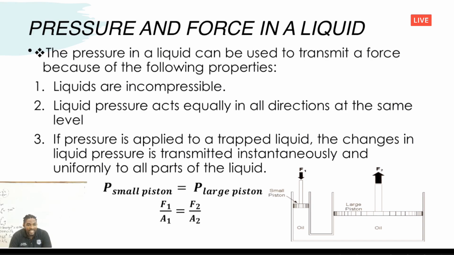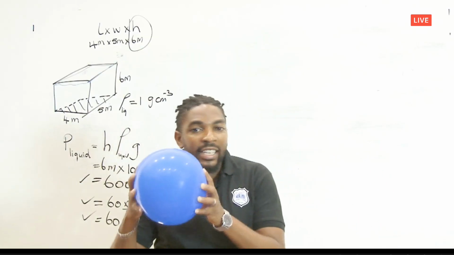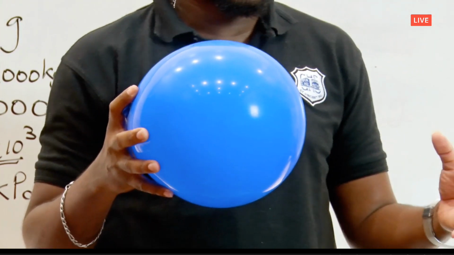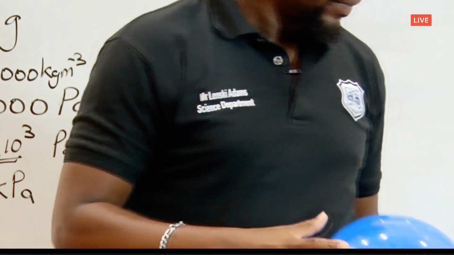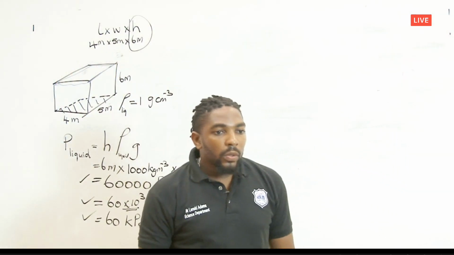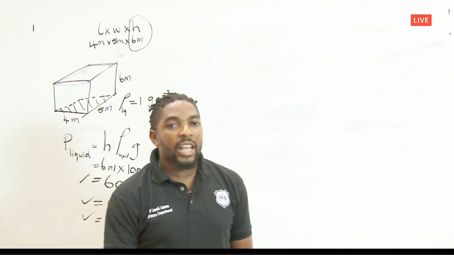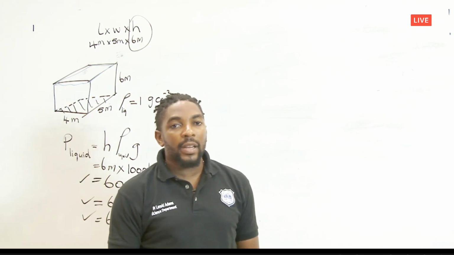And the third point to tie it in is that if pressure is applied to a trapped liquid, it says that the change in the liquid pressure is transmitted instantaneously and uniformly to all parts of the liquid. Good? It is the force or the pressure that is transmitted instantaneously. So as soon as we press on one side, that pressure is transmitted to another side of the system instantaneously.